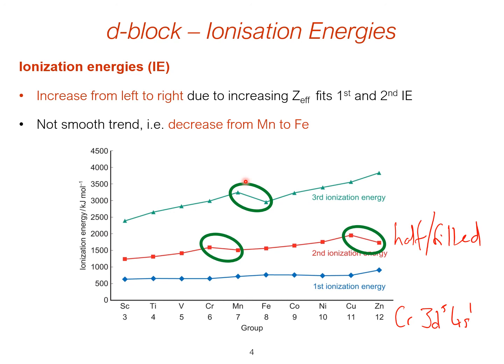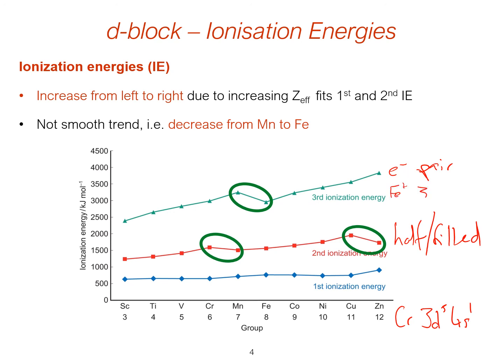And then finally, when we get to the third ionization energy, here's where things aren't smooth, and there's this really big decrease from manganese to iron. And the reasoning for this is electron pairs. Now if we look at the electronic structure of iron at this point, so at this point we've lost two electrons, so we're actually looking at iron 2+.